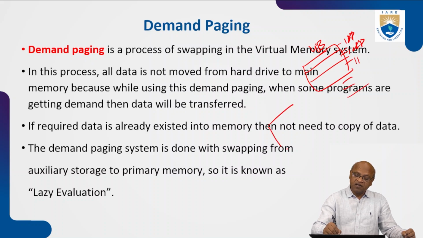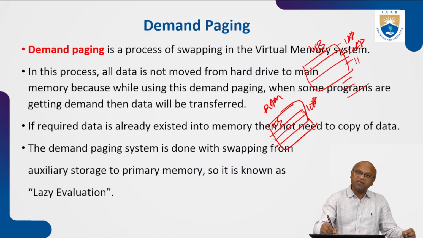At the same time, in RAM, only 1 GB is there. This is our RAM, main memory. Whatever the available memory is, we again make it into pieces of 10 KB. So this is our frame, and this is our page. Whatever frames are vacant, we will transfer pages into them.